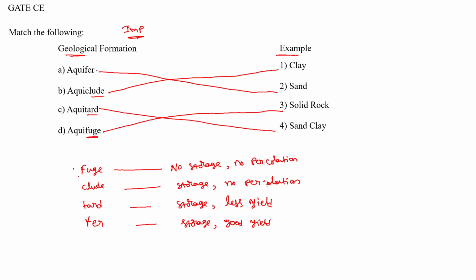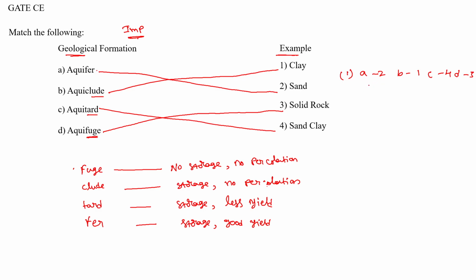See, in this type of match the following questions, if you are confident about two options, you may be able to score 95% correct. Suppose the options are like A, let's say aquifer, 2; B, aquiclude, 1; C maybe 4, D maybe 3. In this way you can get multiple options.